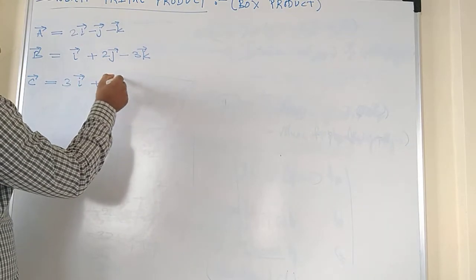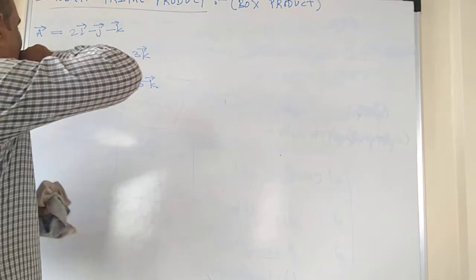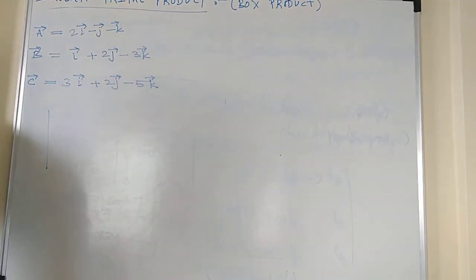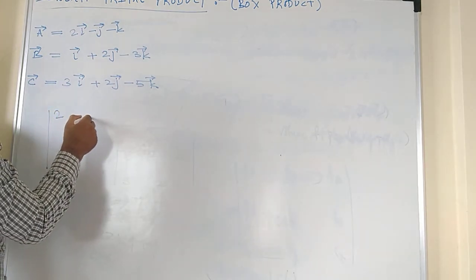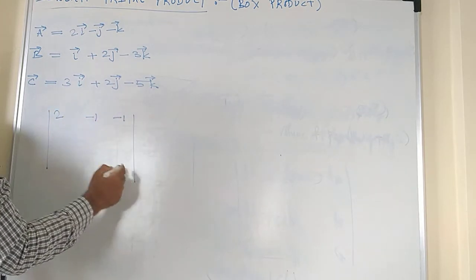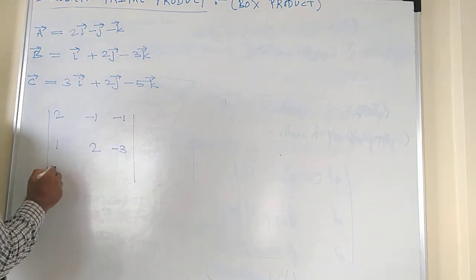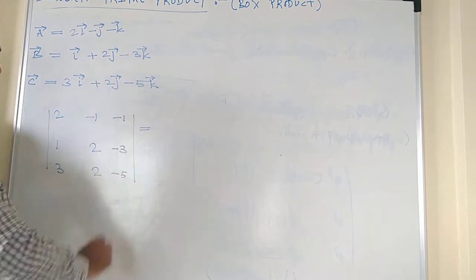Now you can take the determinant and solve. This will be 2, minus 1, minus 1, and this is 1, 2, minus 3, and this is 3, 2, minus 5.